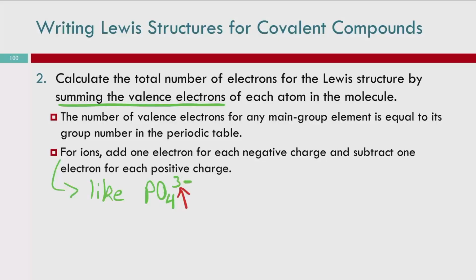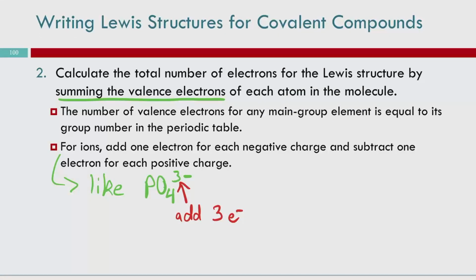This 3- means add 3 electrons. So we're going to need 3 extra electrons when we're coming up with the Lewis structure for something like PO4 3-. For any of our main group elements, which is most of them that we're going to deal with, it's just the group number, the thing that I was pointing out on this side.